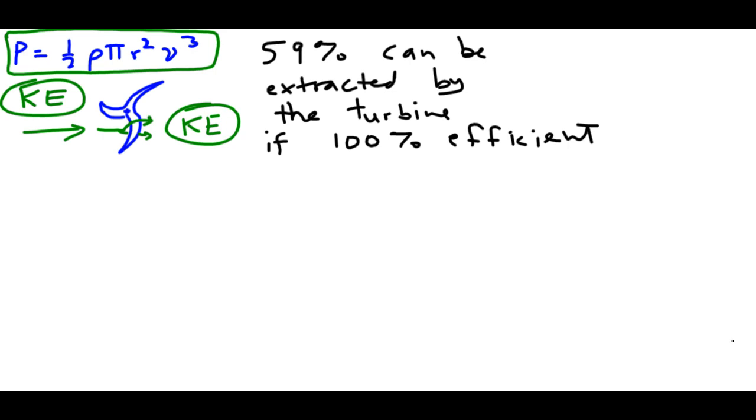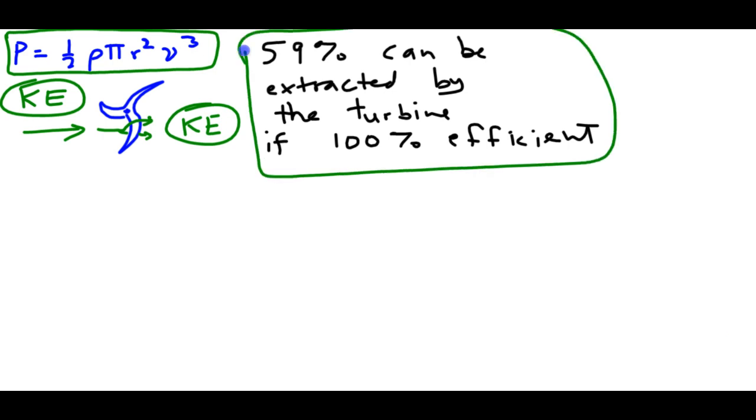So we need some of the kinetic energy to still exist after it has turned our turbine. And this is why the maximum efficiency, the maximum power that we extract, is 59%. That's the theoretical limit we can get from the wind when everything is running as well as it could possibly go, right? We get 59% out. Good.